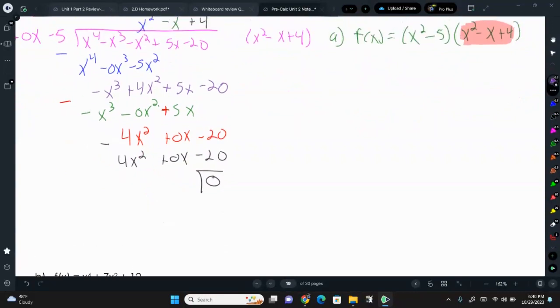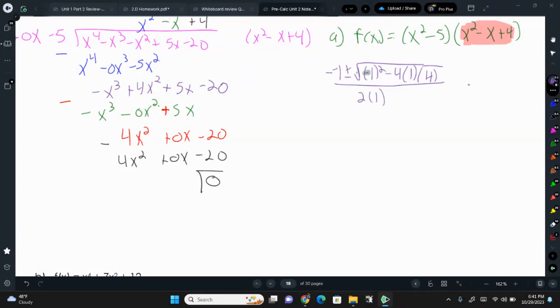So x equals negative b plus or minus the square root of b squared, negative 1 squared minus 4 times 1 times c, which is 4, all over 2 times 1.